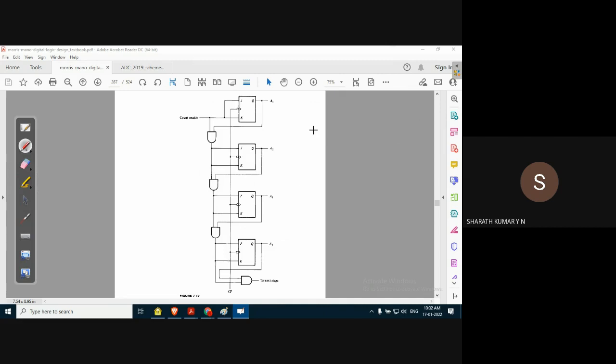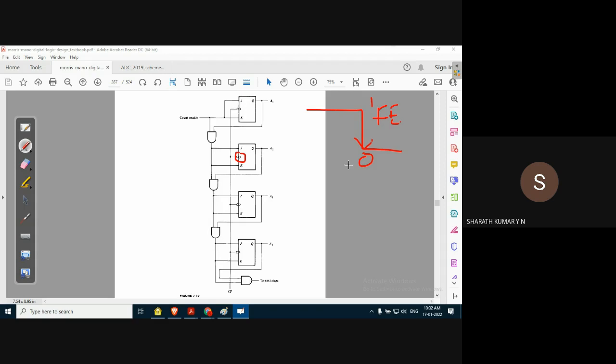One observation: the clock input is a negative clock pulse. Why is it a negative clock pulse? When the clock transitions from 1 to 0, that is the falling edge, and this falling edge will trigger the flip flops.